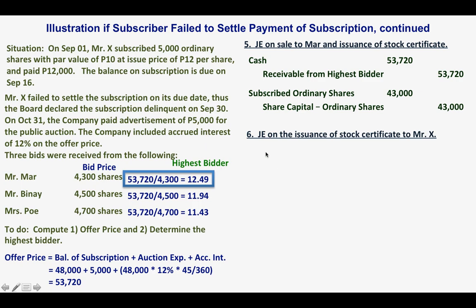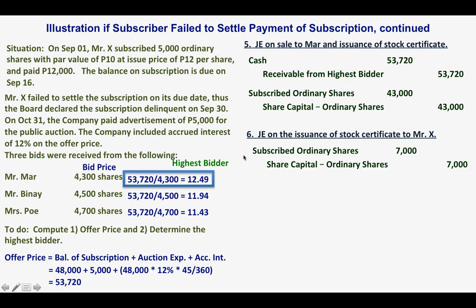And for these 700 shares, since Mr. X has already made a partial payment on the subscription, which is 12,000, the corporation now will issue a stock certificate for the difference of 700 shares to Mr. X. So the stock certificate will be issued to Mr. X for 700 shares times the par value of 10, so that is 7,000.